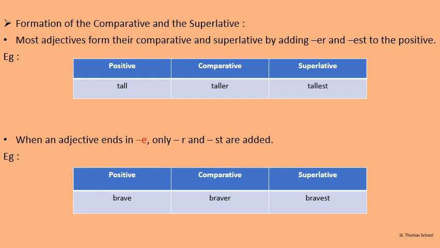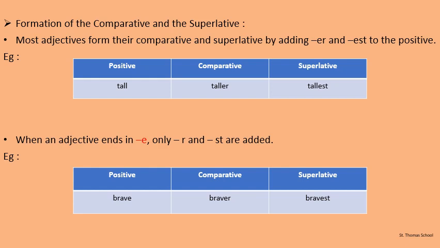The first point is that most adjectives form their comparative and superlative degrees by adding er and est to the positive form of the adjective. I know you have studied all these things in your previous class. It is just a type of revision.